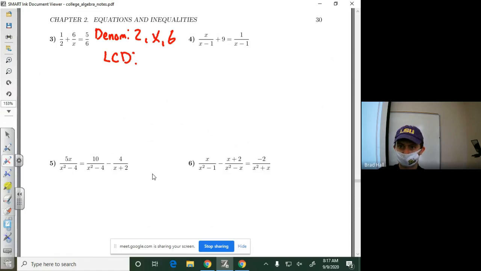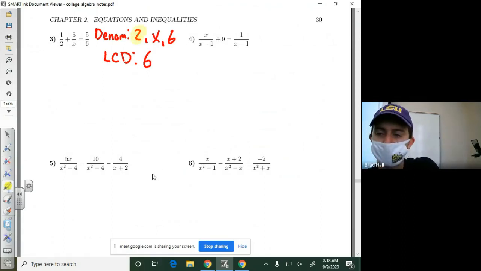That would be 6. 6 divided by the 2 here. So at least for the numbers, 6 would be perfectly sufficient, because 6 divided by the 2 here is a whole number, and 6 divided by the 6 here is a whole number. But now what about the x?